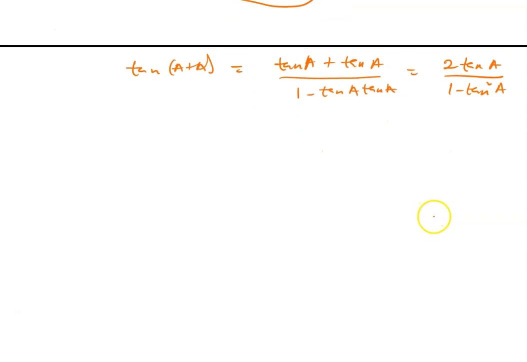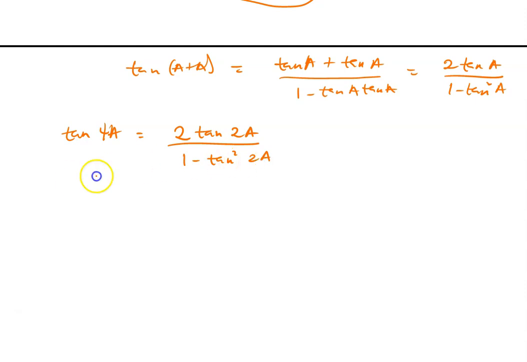So if I have, let's say, tan 4a, then it's simply going to be 2 tan 2a, all divided by 1 minus tan squared 2a.